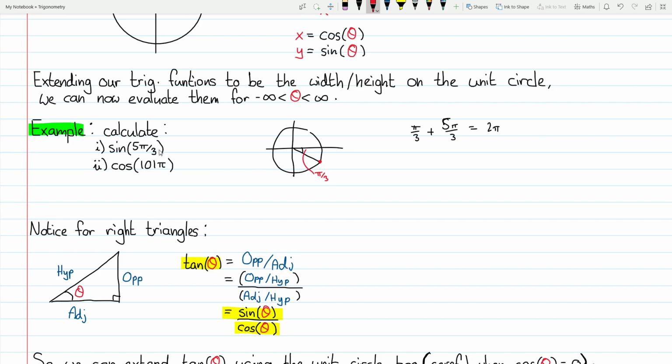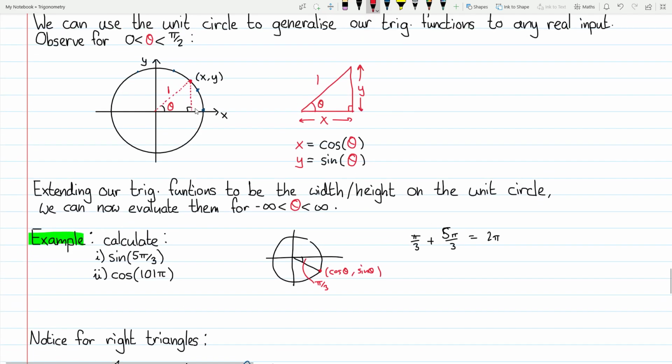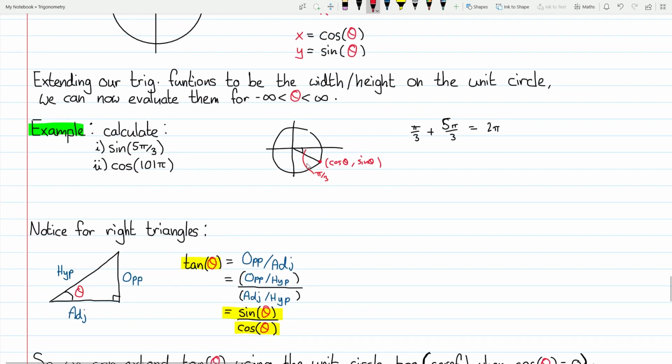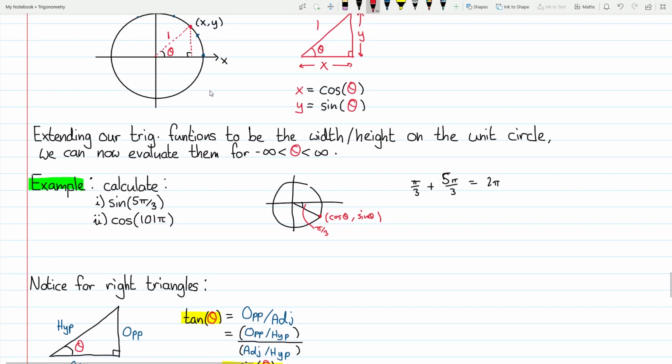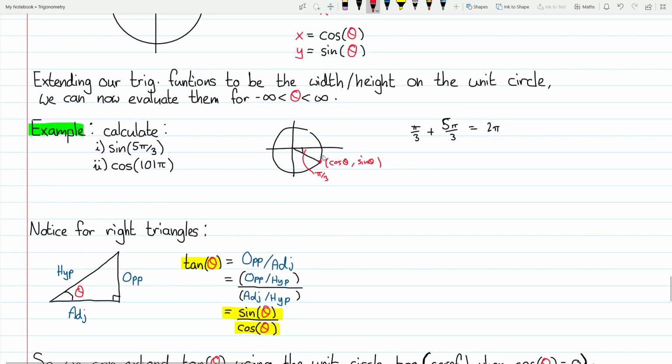What is the height? Because if you think about it, cosine of the angle and sine of the angle are our coordinates because we can use the right triangle. But here now we're plugging in something out of the range of our triangle arguments. But we've generalized it because this is what the height is. The height should be sine of the angle.